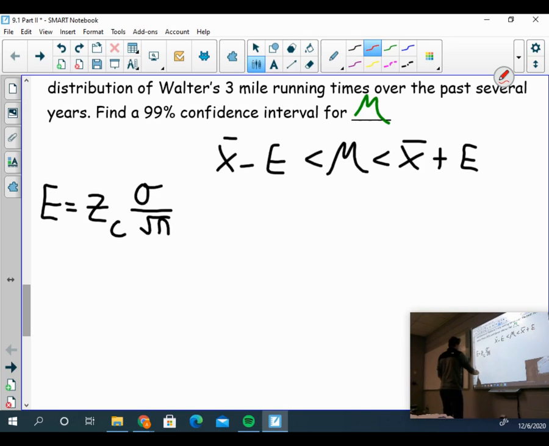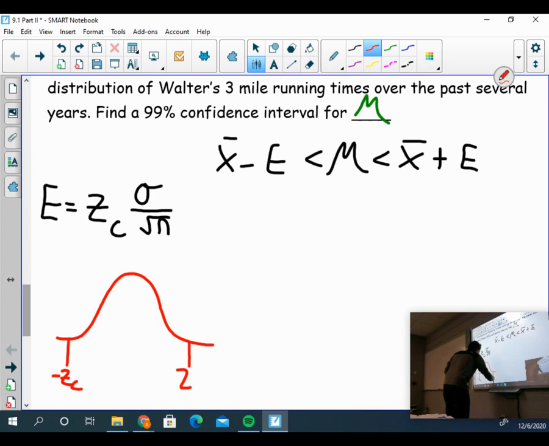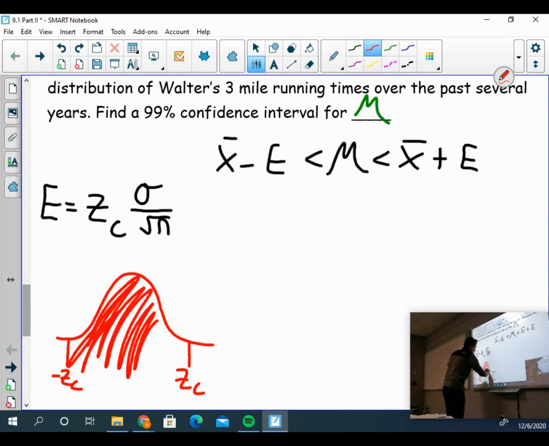We're going to look at the standard normal curve and find the two values, our critical values, such that however confident we want to be, that amount of data lies between them. Because the amount of data under the standard normal curve is equal to probability. So if we want to be 99% confident for our friend Walter, we need to find the two values such that 99% of the data on the standard normal curve lies between those two values.